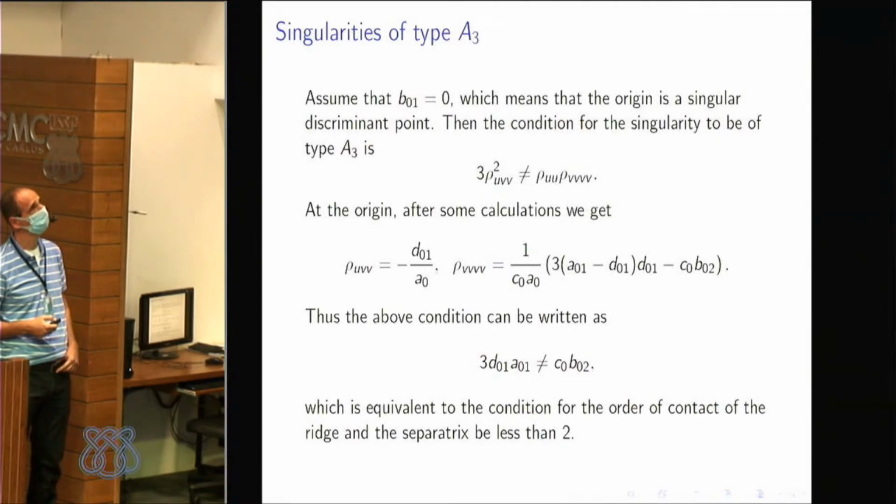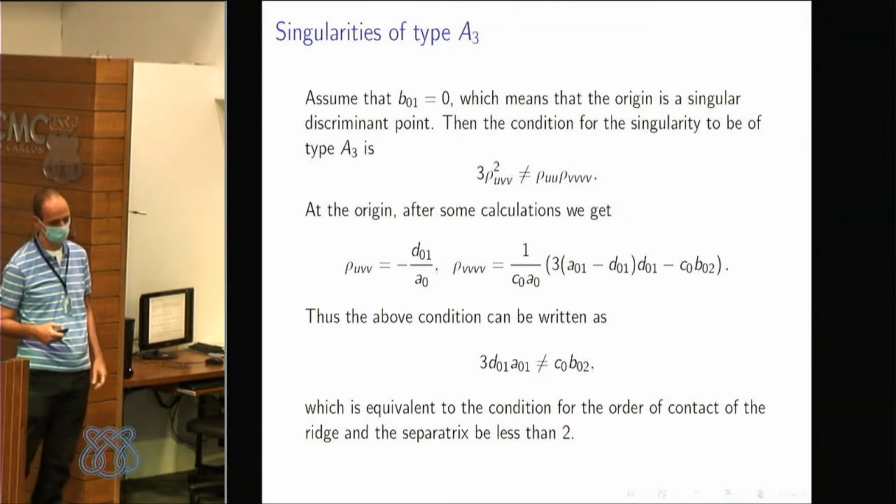At a singular point, the condition for a singularity to be of type A3 is this here, and at the origin, these are given by these conditions, which can be written exactly like that, with this equivalent to the condition for the order of contact of the regions with the separatrix to be less than 2.